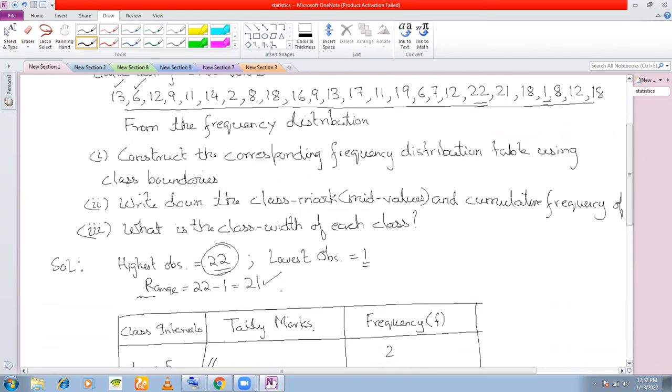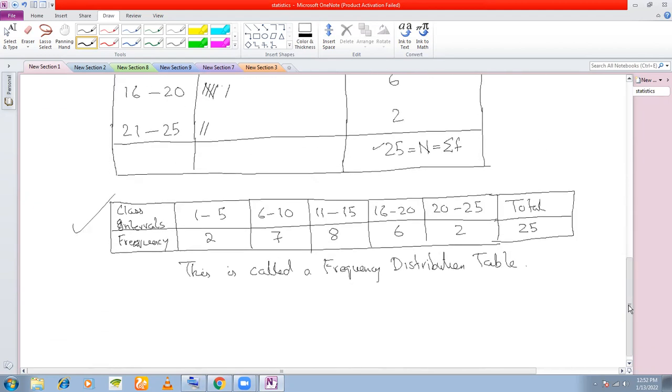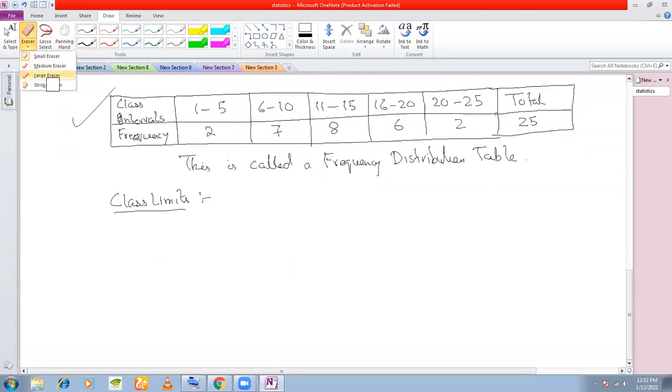Okay, you see the word class boundaries here. Now I'm going to define class boundaries and class limits. There are two types of class intervals. Let me classify here class intervals.